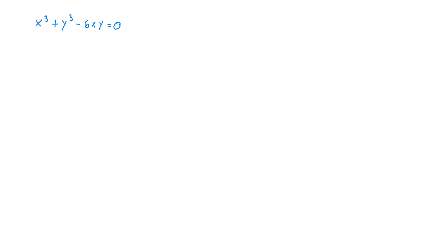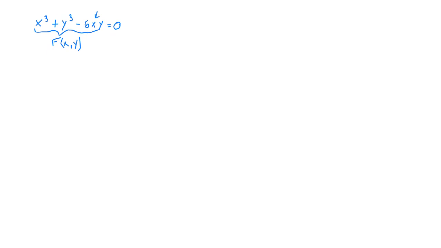Now, on the left-hand side, I think you agree that we can call this a big function of x and y. What I did was bring the 6xy over to the other side.